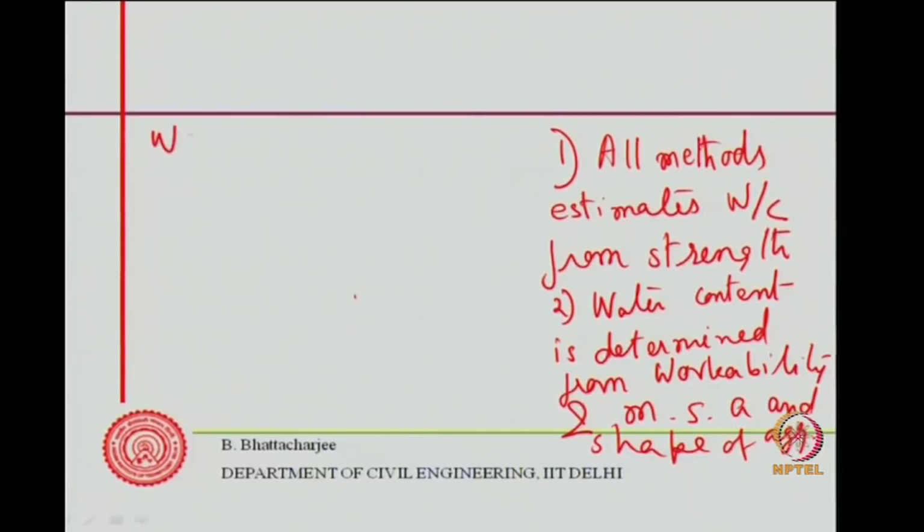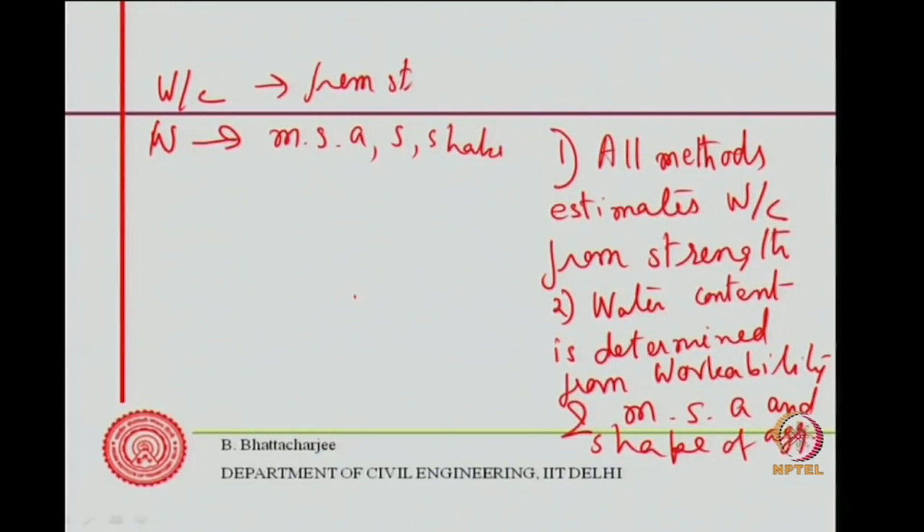So, water content you determine from MSA, slump and shape. Water cement ratio from strength. Then cement content calculated.